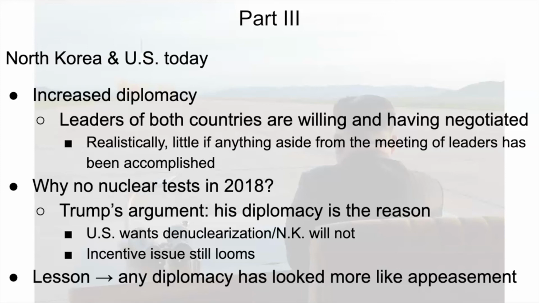If that's the case, though, then in 2019, we see that there are a whole lot more tests done, and that would really signify that now something has gone wrong with the Trump negotiations and diplomacy with North Korea.